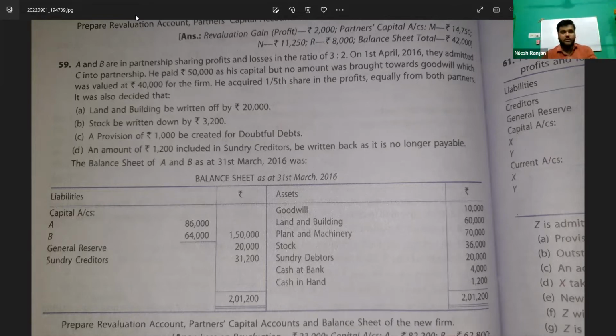So there are 4 transactions related to revaluation account. So we are doing revaluation accounts first, and then I will explain the goodwill part, because we just need to focus on revaluation here.